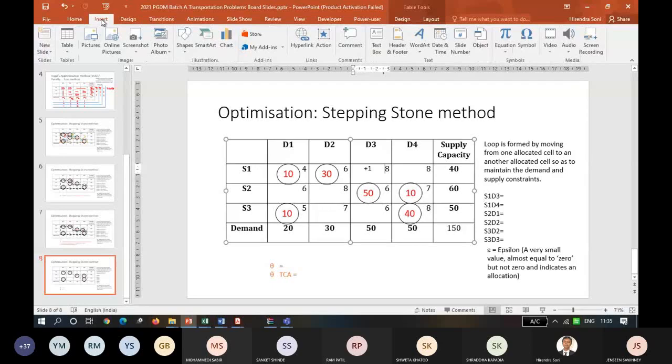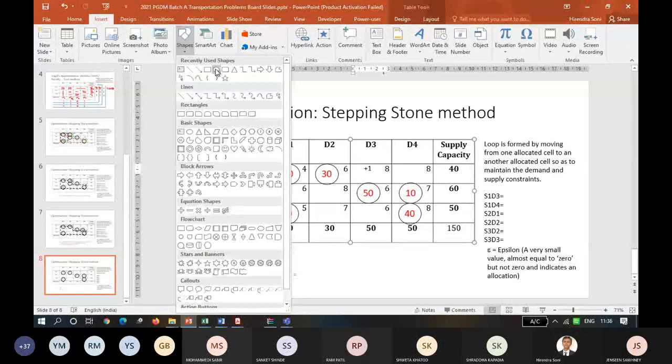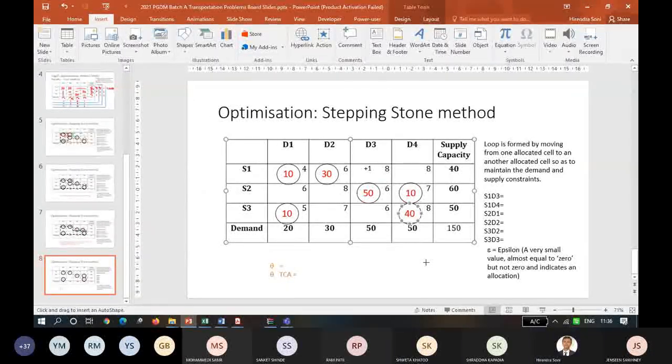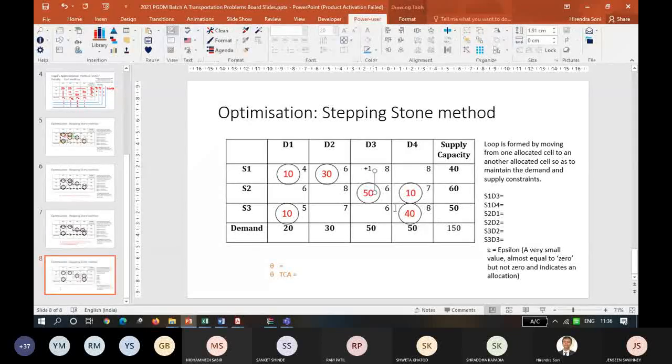S2D3. S2D3, very good. After that, S2D2. S2D2 will not come here, because it's an unallocated cell, so it has to be the next allocated cell. So what would the next allocated cell be?